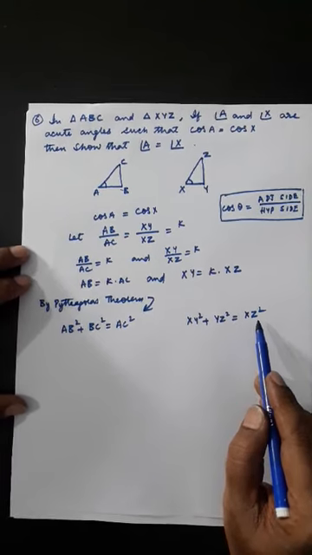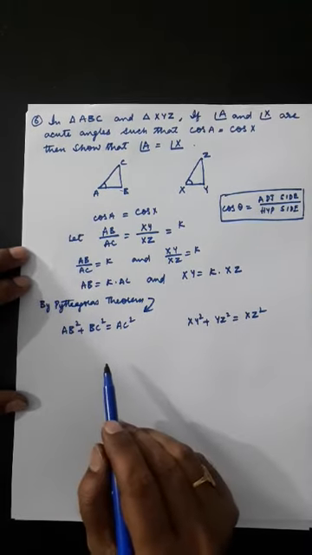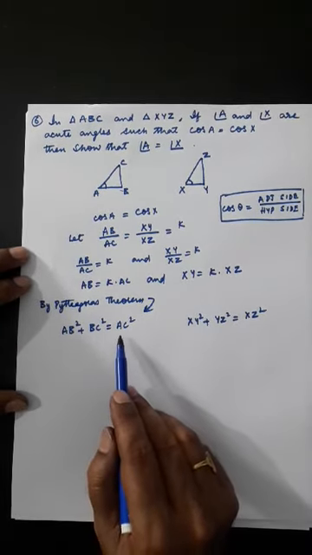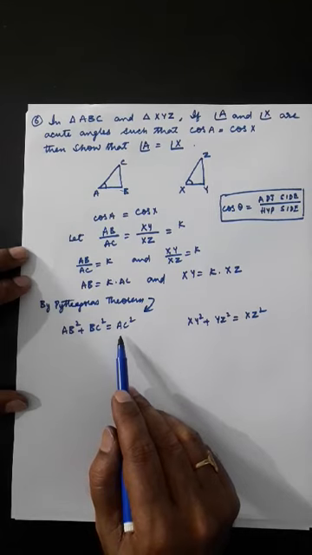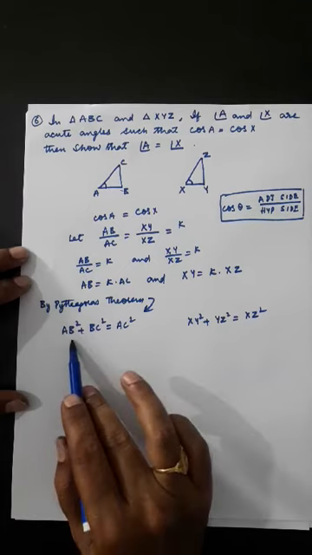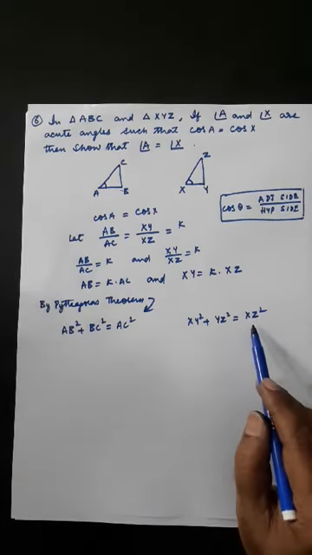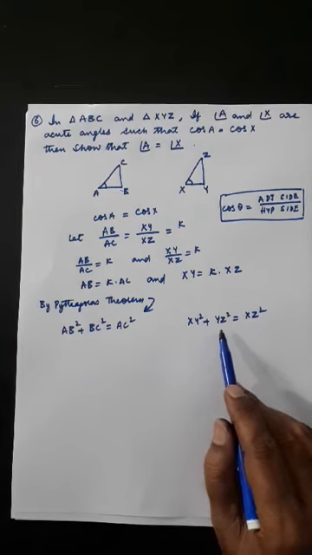So if you write AC square equal to AB square plus BC square, and we have XZ square equal to XY square plus YZ square.